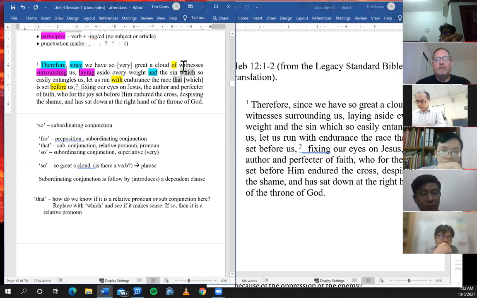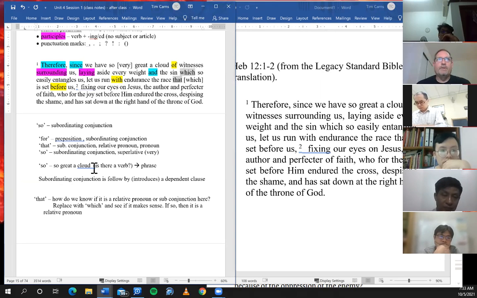Even though witnesses looks like the subject, it's not, because the witnesses are being described here. They're not doing the action, they're just being described. It's a description of which witnesses. Remember, participles can modify nouns or verbs.